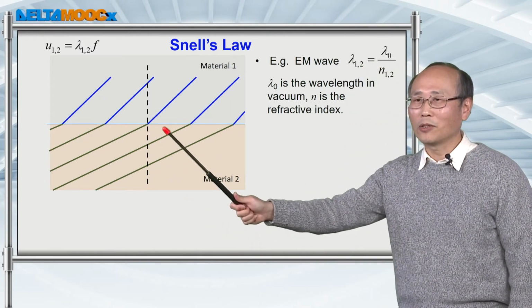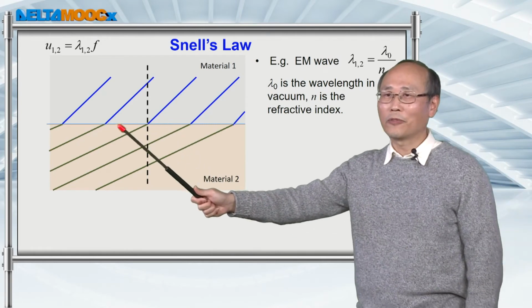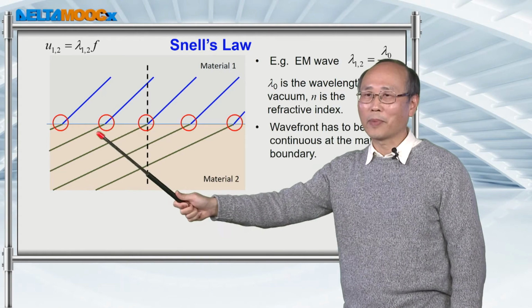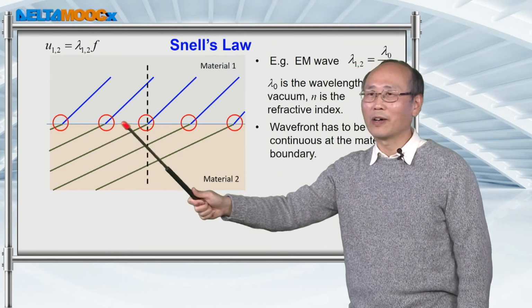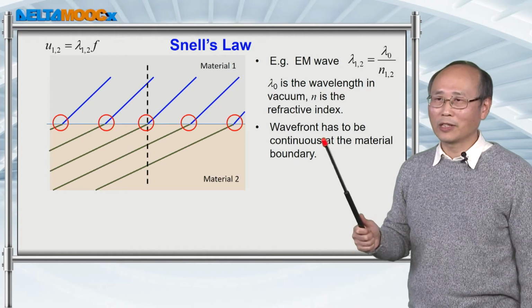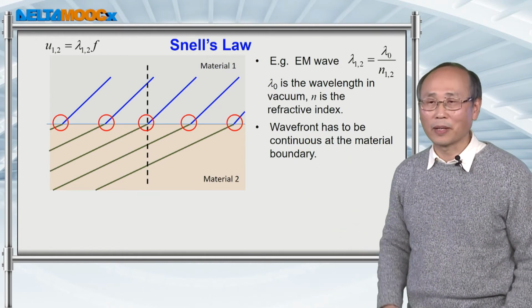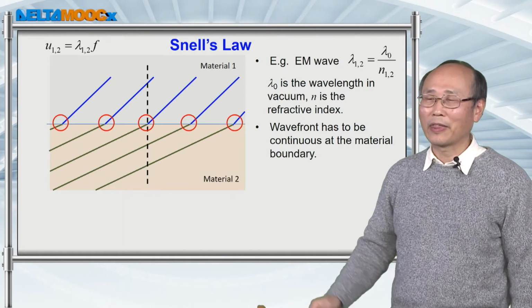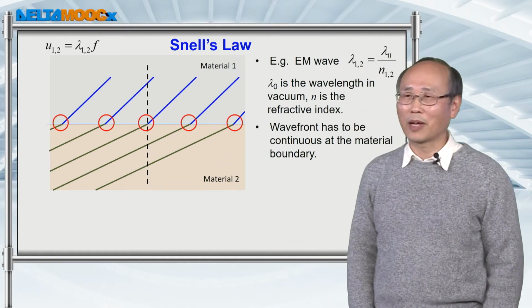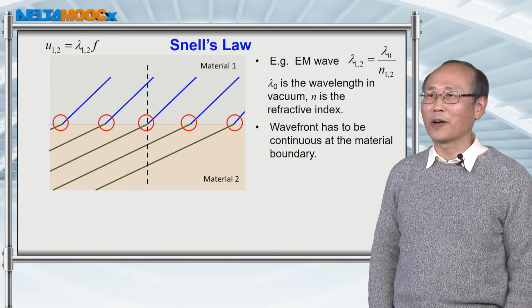So we need to have the wavefront well defined on the boundary. So if we look at this diagram at the boundary, the wavefronts are connected to each other. So this is a condition that a wavefront has to be continuous at the material boundary. And this is because the wave is well defined by the wavefront.